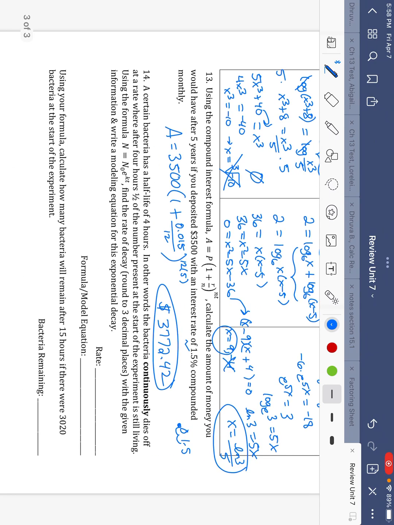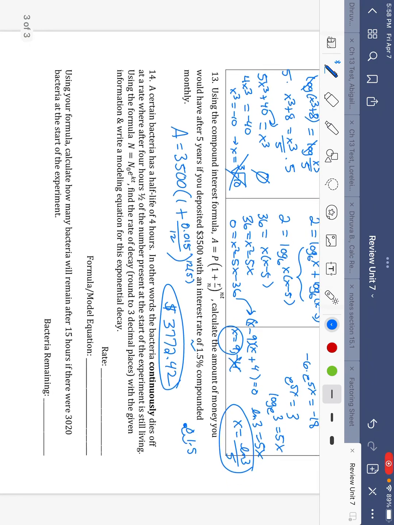Okay, last one. So we have bacteria, half-life of 4 hours. So the bacteria continually dies off at a rate, so half the amount that was there to start with is present after 4 hours. So we have to figure out the rate. So what's happening here is that my initial amount doesn't matter, and what we're saying is that half of that is going to be left in 4 hours.